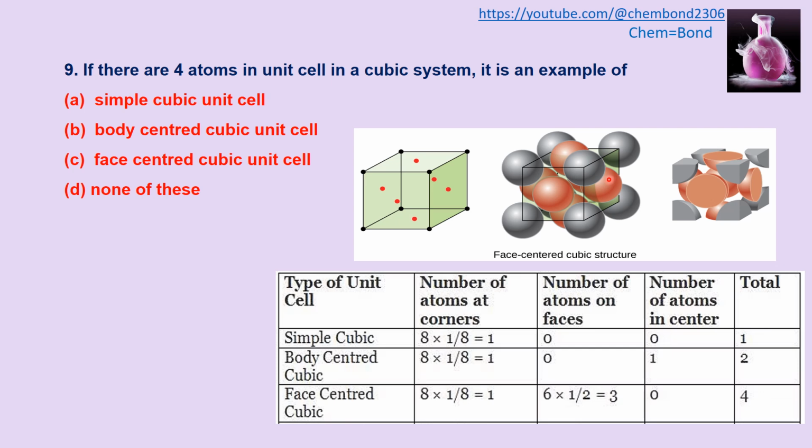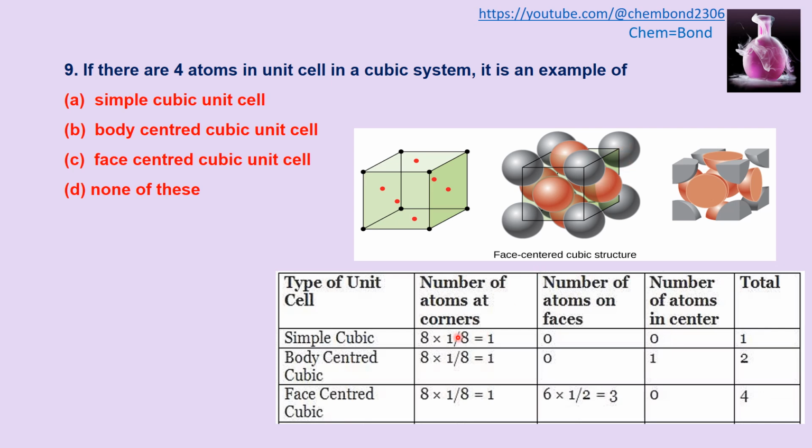So these faces are shared by 2 unit cells, so it is divided by 2. Each face will be divided by 2, and the corner atoms are shared by 8 unit cells, so it is divided by 8, that is 1 by 8.